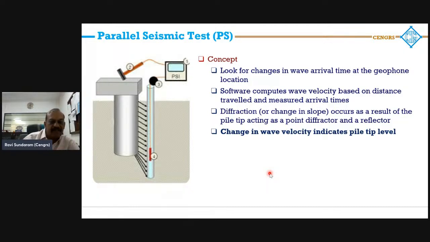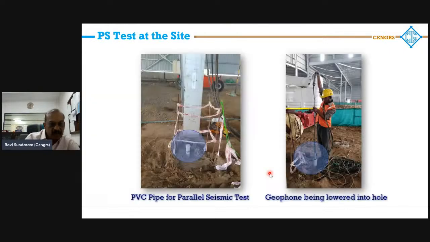If the wave is traveling through concrete, obviously you will get almost the same wave velocity. And if the wave is traveling more through the soil, there will be a change in the wave velocity. So this is what was done here.